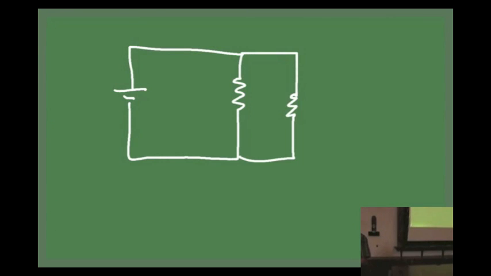Let's talk again about points A, B, C, D, and E. If I move along this circuit, what are the differences in potential that I will measure?